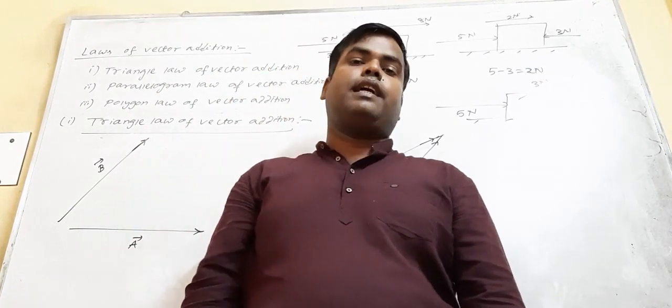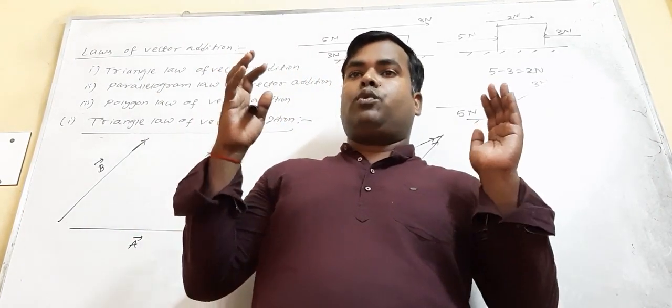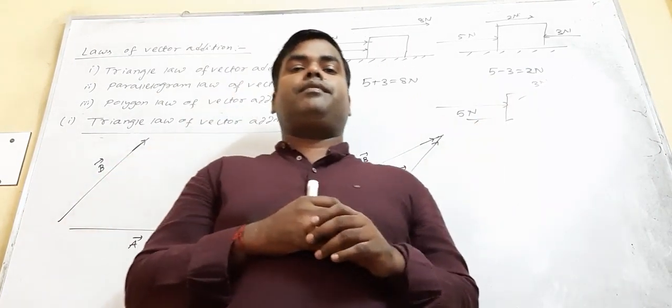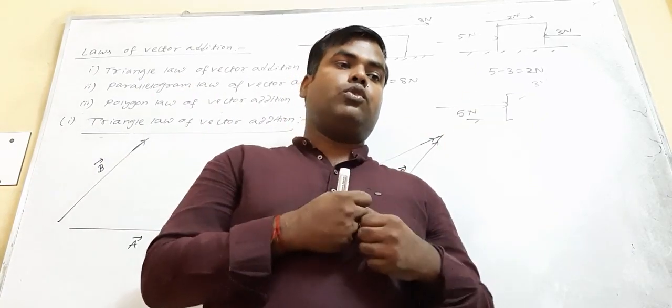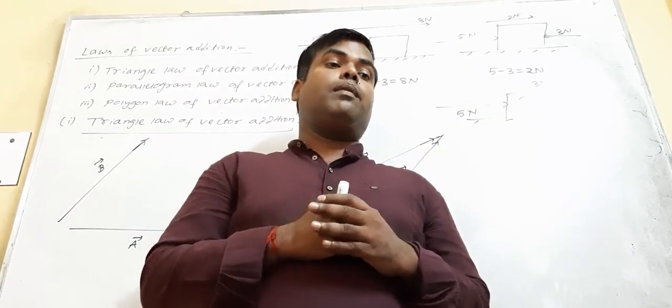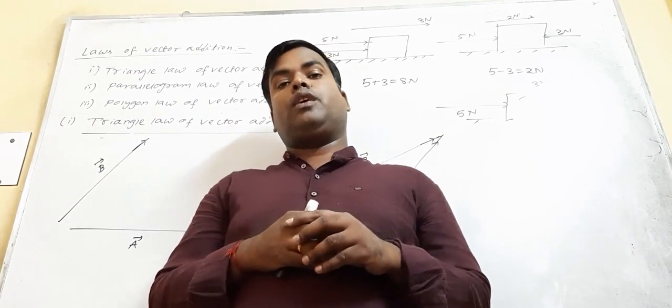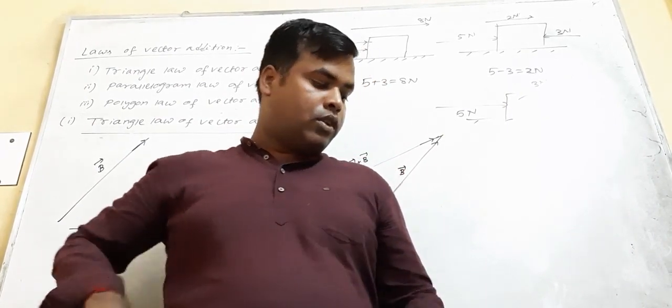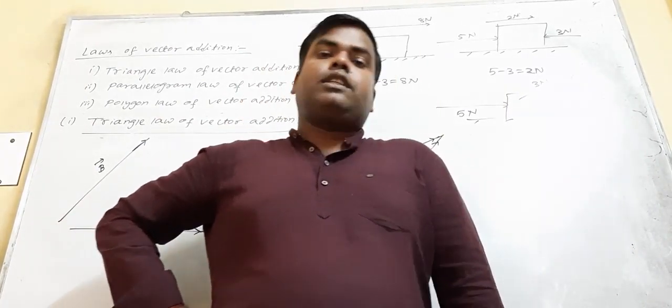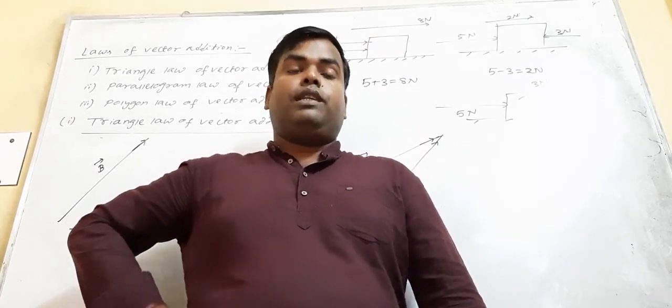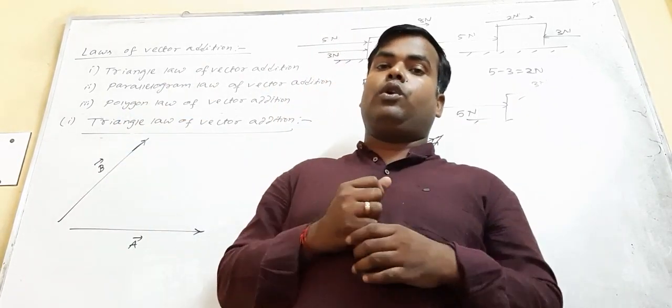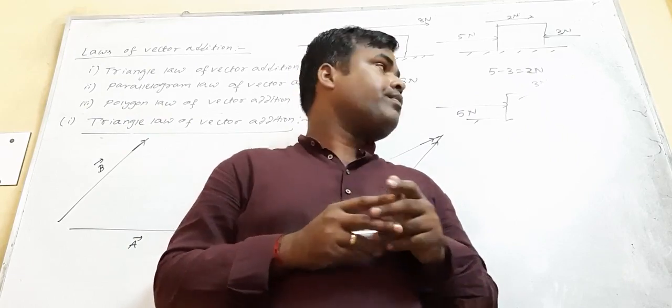The conclusion is that to get the resultant vector, both magnitude as well as direction, we have to apply the laws of vector addition. So which has the important role in the vector addition?